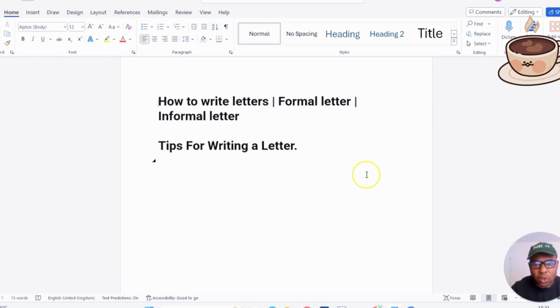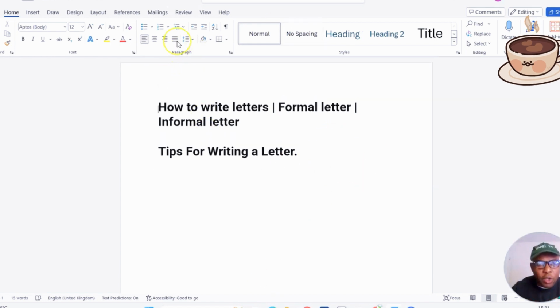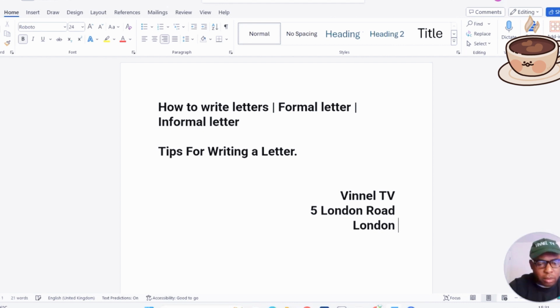If you want to write a formal letter, first of all, you need to align to the right. Then you type Vinyl TV, your address, 5 London Road, London, UK.